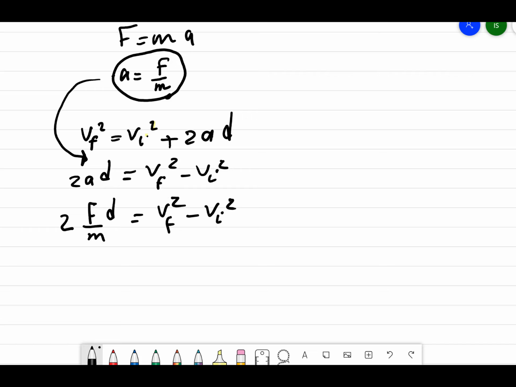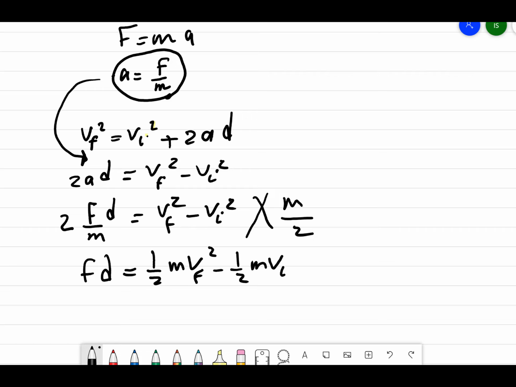Agree about that? Let's multiply it by m over 2. So here it equals Fd equals half m v final squared minus half m v initial squared. Fd equals what? Equals work.